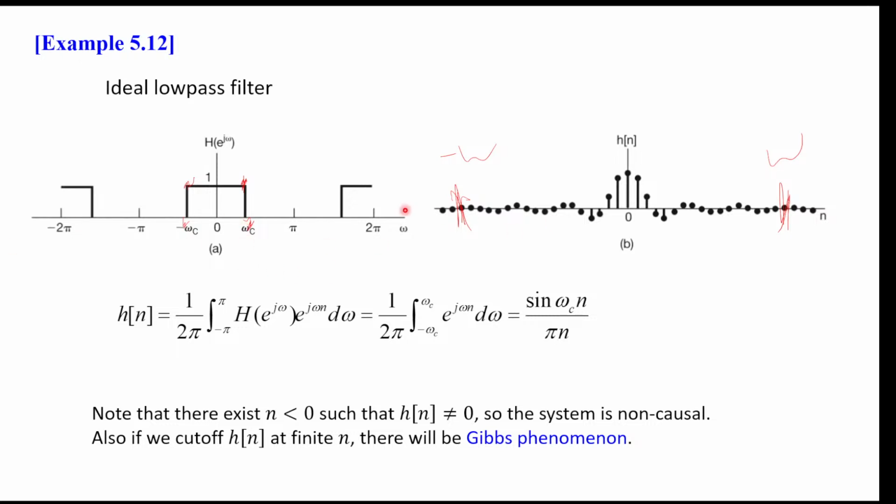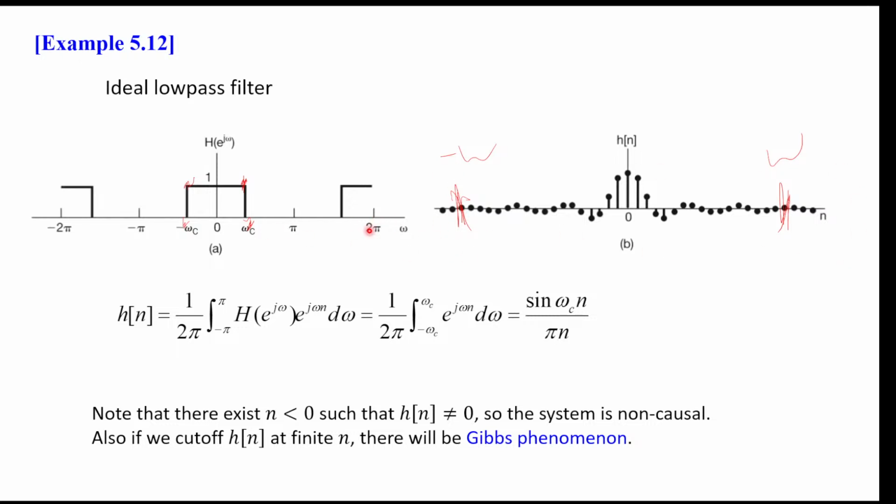And just like in the continuous time case, then we think this is not a very easy filter to build, not a very ideal filter to build in terms of engineering, because it's not causal, and so you need to delay your output somewhat, for example. And also an interesting thing happens when you cut off this thing at some finite omega.